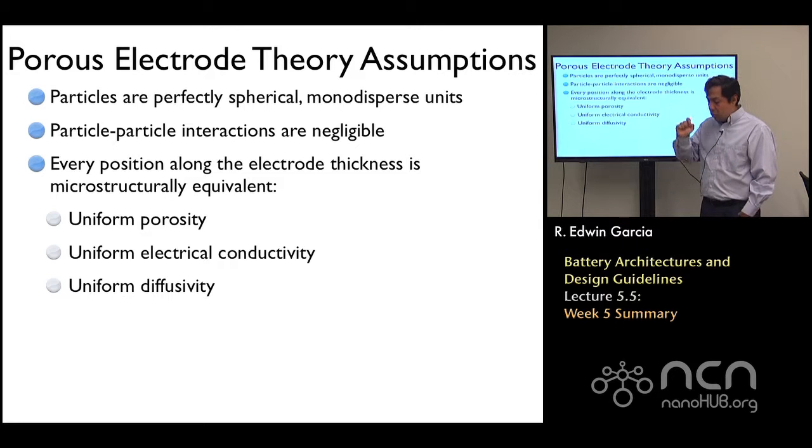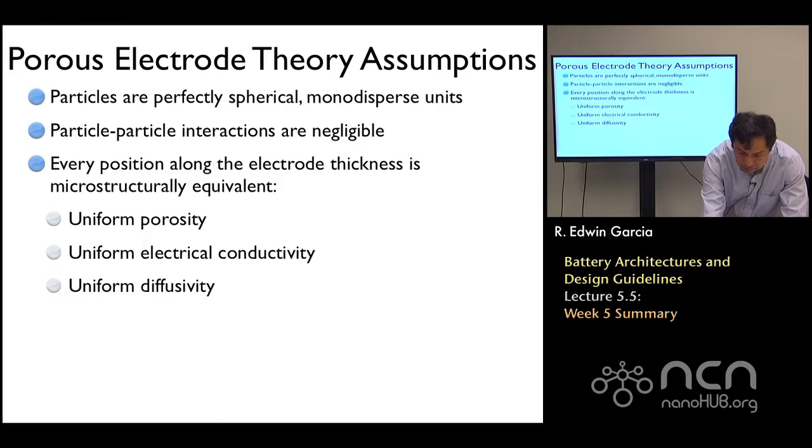Then we can take one representative unit of what happens in one particle, solve that separately, decouple it microstructurally from the rest of the structure, and be able to describe what happens in the overall electrode.